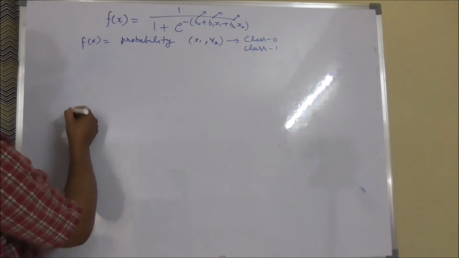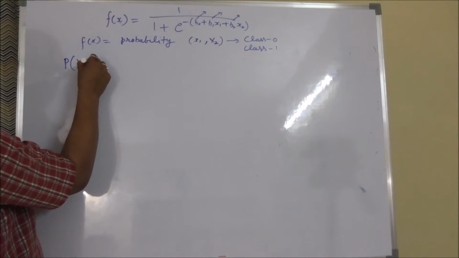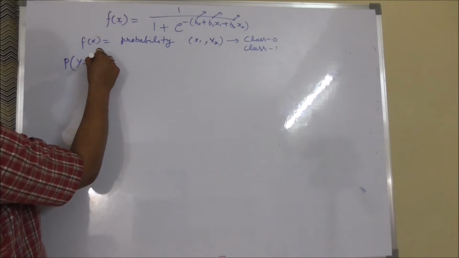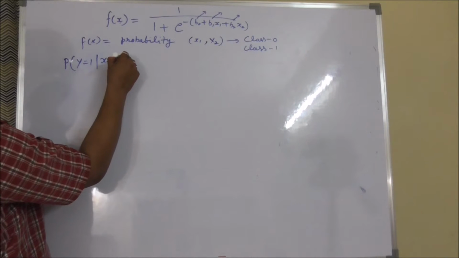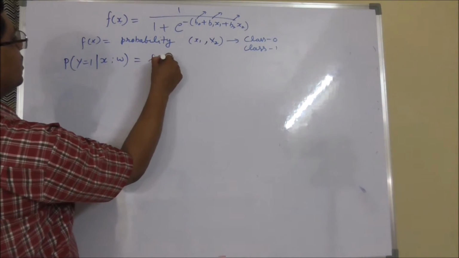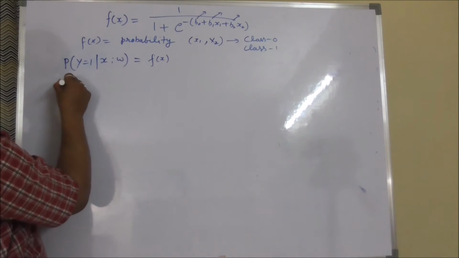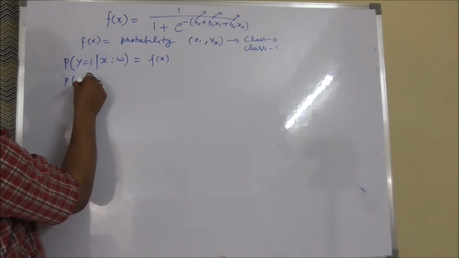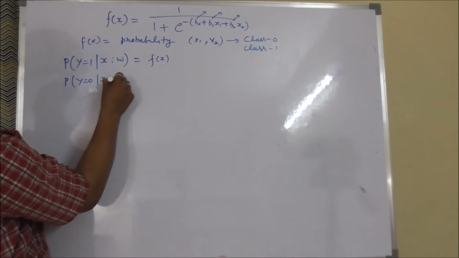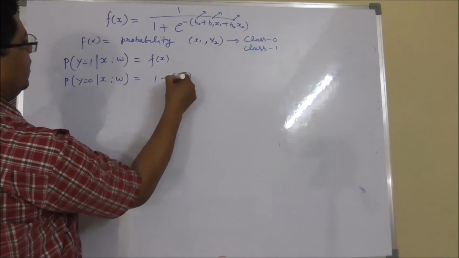So we can represent it like this: probability of y equal to 1 given x with weight vector w is equal to f(x). Similarly, for the negative class we can write y equal to 0 given x with weight vector w as 1 minus f(x).